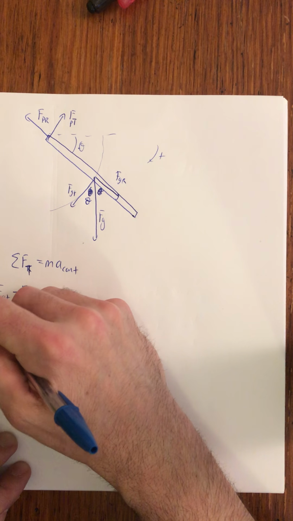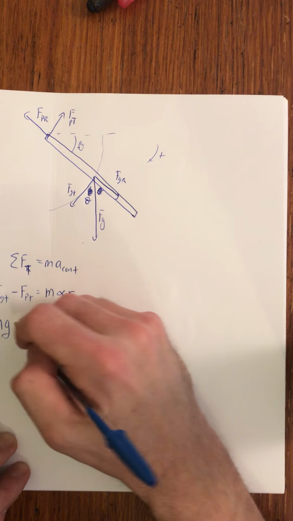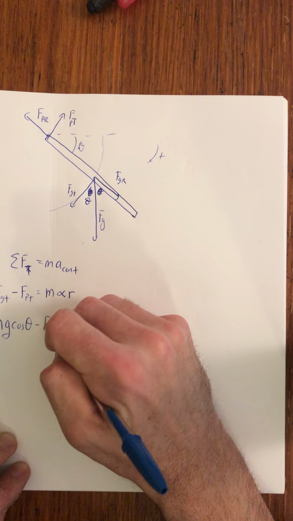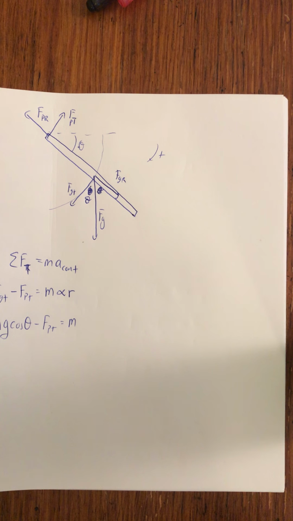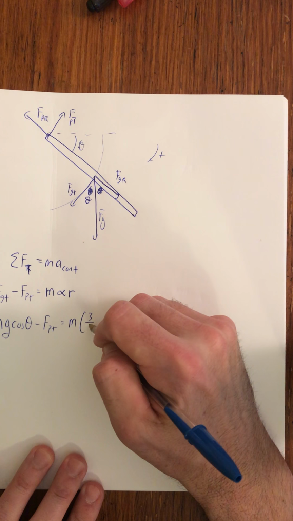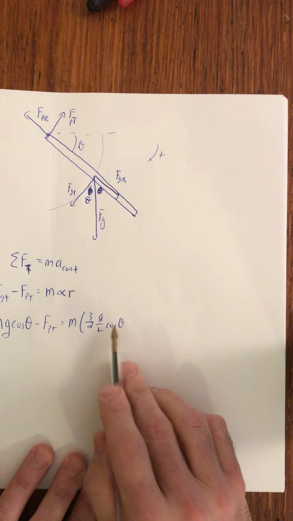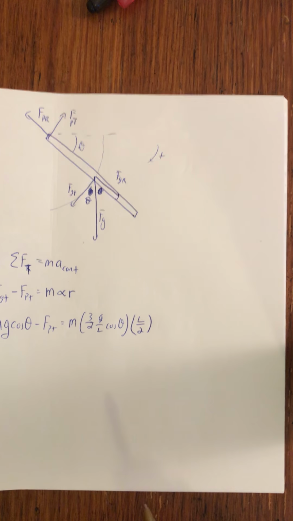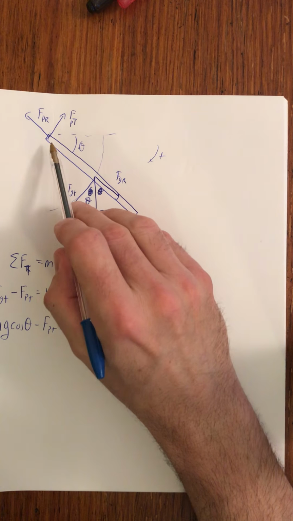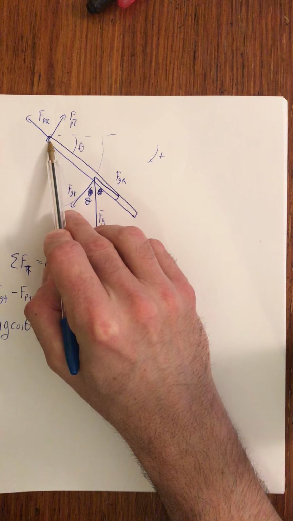So FG tangential is mg, and we would look at this and say mg cos theta minus FPT is equal to m. Alpha we found at the intermediary point was just 3 halves g over L cosine theta. Thankfully, cosine and cosine are going to match up nicely, and we know that r is L over 2, because that's how far the center of mass is from the axis of rotation.